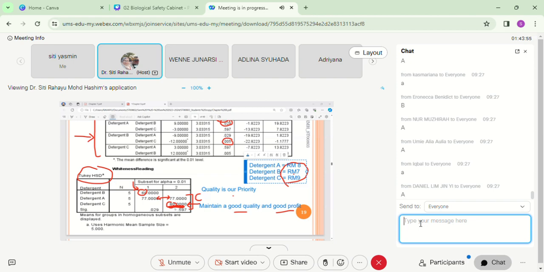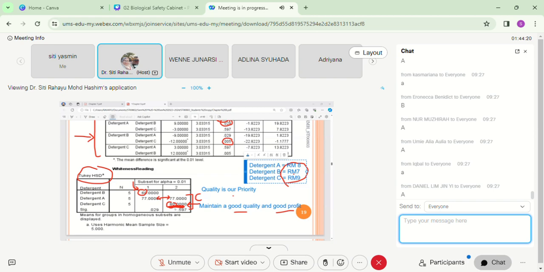It means that walaupun bacaan whiteness reading itu adalah lebih rendah, but let's say if you look at by orang kata dengan mata kasar, there is no difference in terms of whiteness. You cannot tell the difference. The instrument, the machine can tell the difference, but you as a human, kalau you tengok, you cannot see the difference.